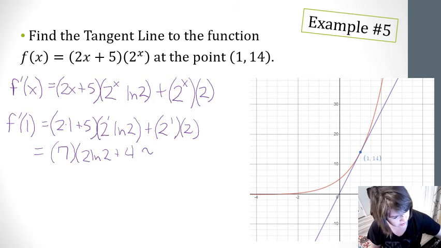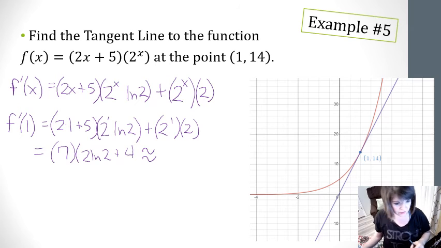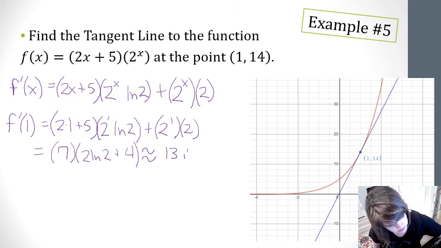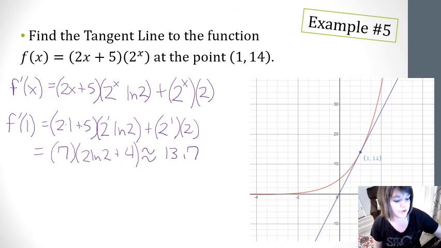I put that in my calculator, so I can either put it in my graphing calculator, or you can use Desmos on your cell phone. So here's what I got. When I put that in my calculator, I got approximately 13.7.